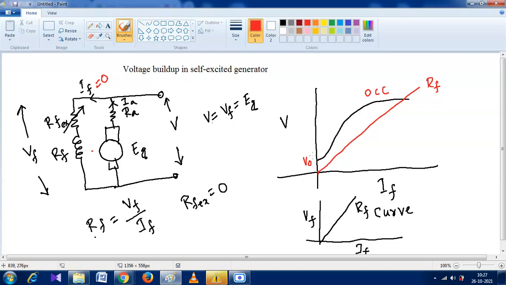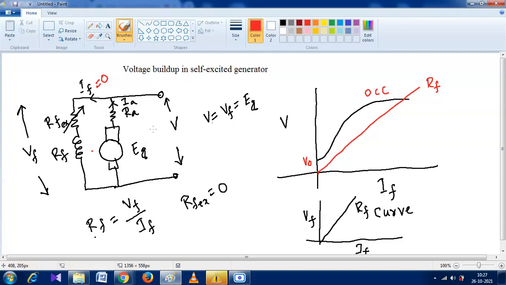This is called the voltage due to the residual magnetism, and we denote this voltage by V0. When the field current is zero and some voltage is produced due to residual magnetism, the value of voltage at that time is V0.